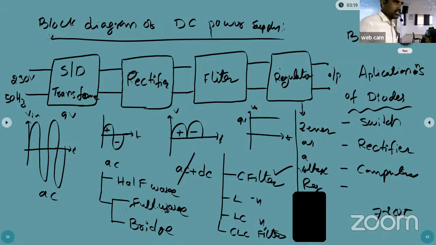There are four different blocks. Of the four, we are going to study three blocks: the rectifier, filter, and regulator.